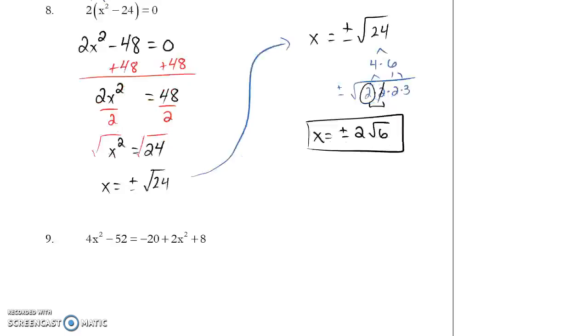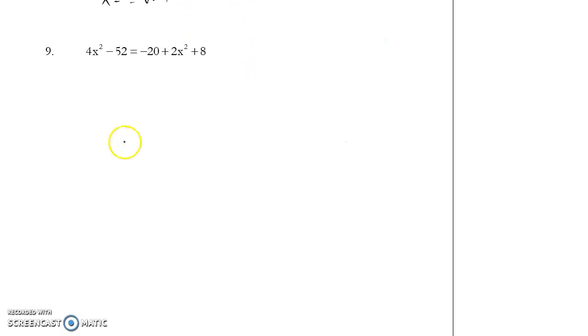I'm going to get number 9 started now, if you haven't already done so, and then we're going to move on. Now, I have 2 sides of this equation. I need, at the end, my x squared on this side equals everything else on the right. So the first thing I'm going to do is get my x squared on the same side, and that means subtract 2x squared here, subtract 2x squared here.